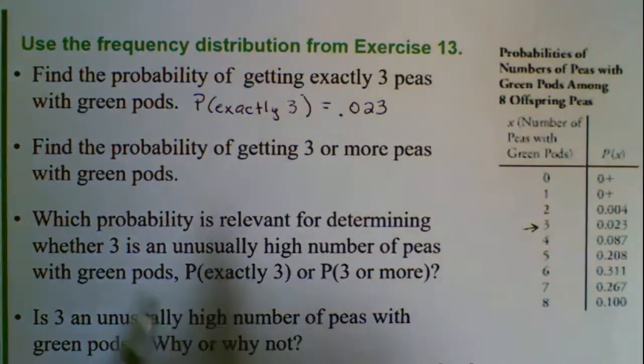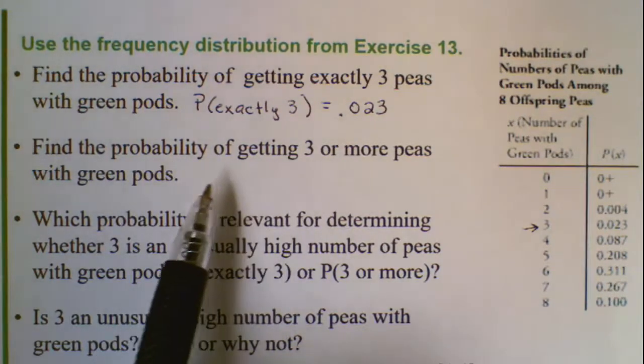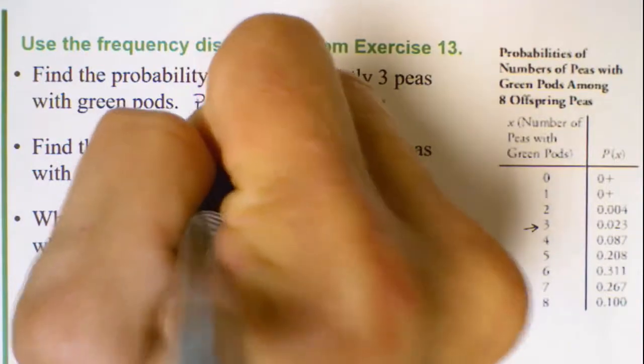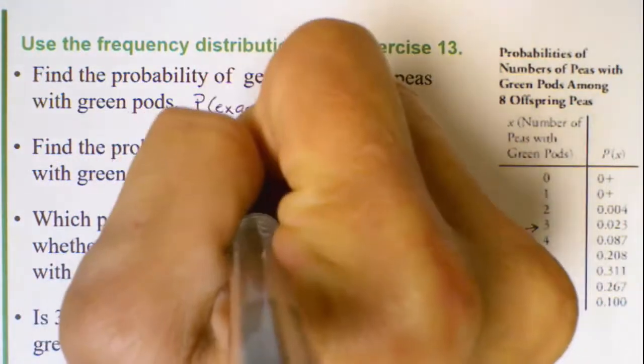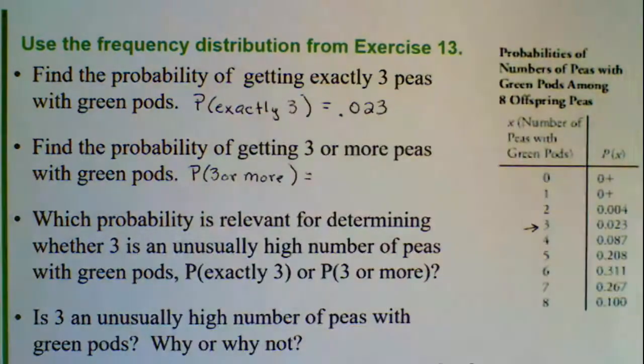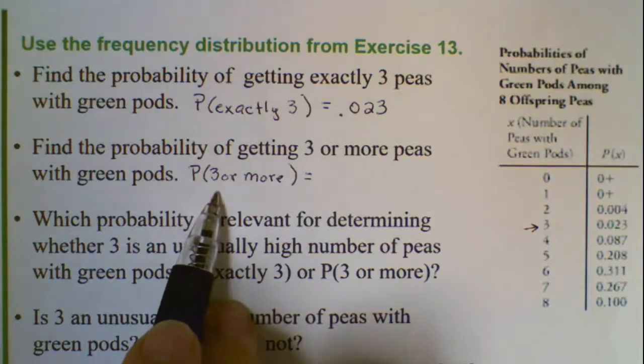And then we want to find the probability of getting 3 or more peas with green pods. Now I'm going to be sneaky about this. If I wanted 3 or more, that includes 3.